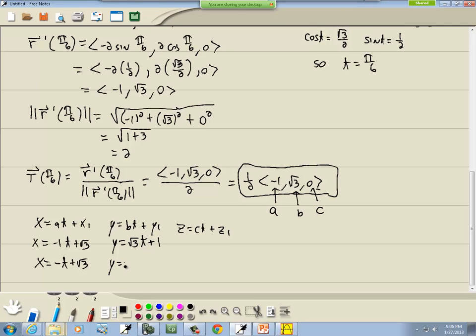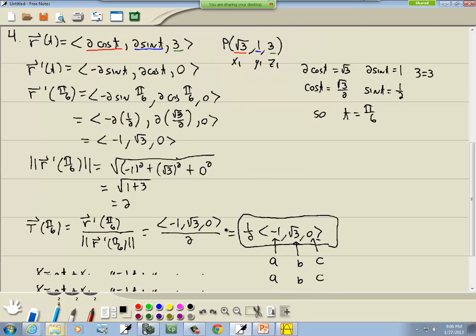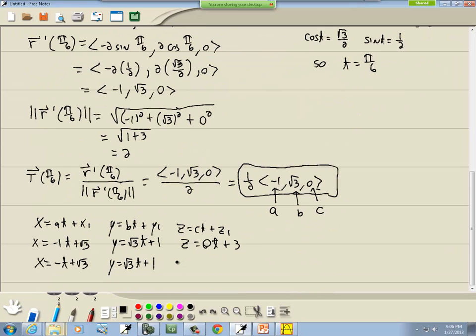So y is equal to the square root of 3 t plus 1. And z will equal, that's where c is, 0t plus 3. So we end up with z is equal to 3.